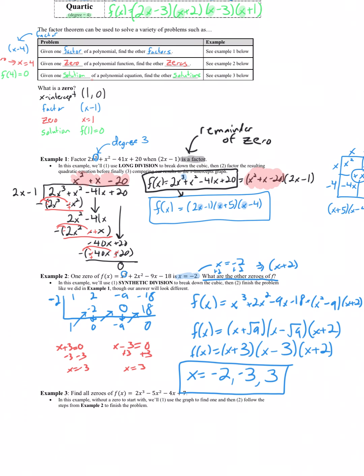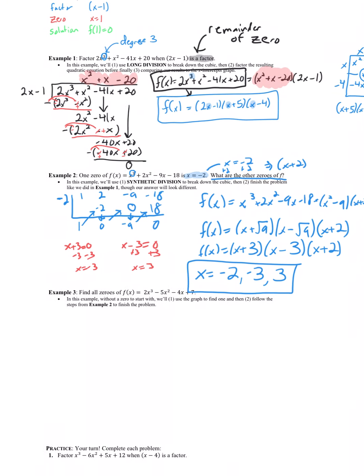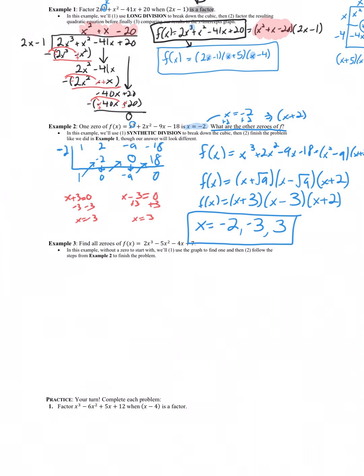All right, final example here today, and then I'll let you guys practice some. This one says find all of the zeros of f of x equals 2x cubed minus 5x squared minus 4x plus 7. Notice that I'm not given a 0.